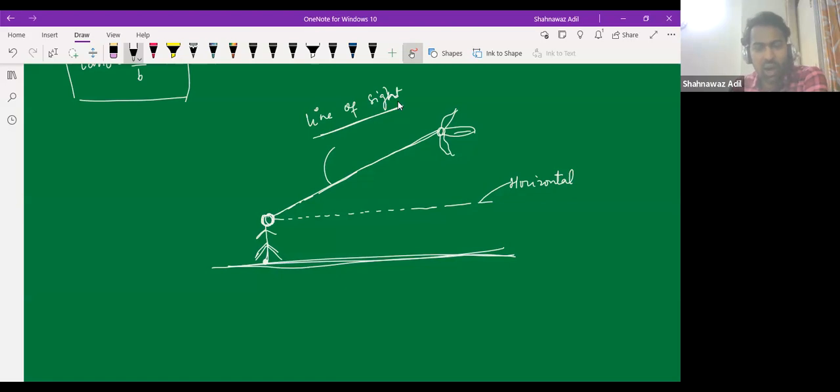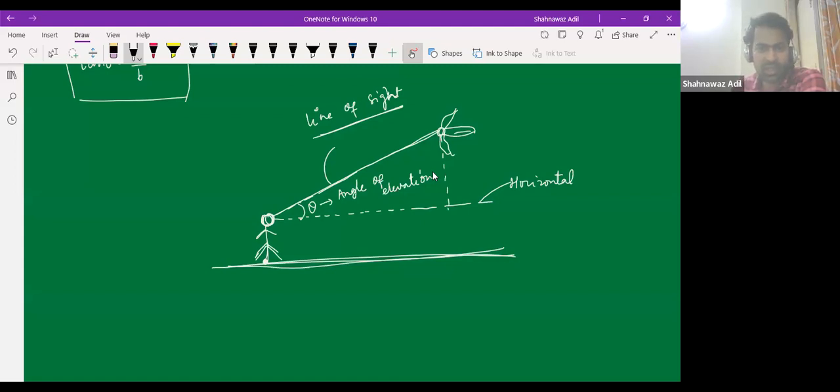Are we looking up or looking down? We are looking up. So the angle with which we are looking up from the horizontal is called the angle of elevation.